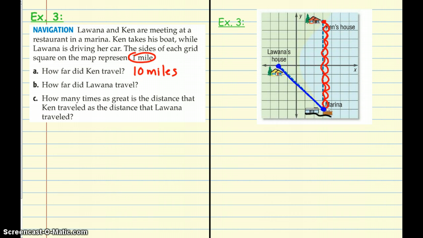The first coordinate pair by Luana's house is negative 2, 0. And this coordinate pair down here is 3, negative 1, 2, 3, 4, 5. So at the marina, we are at 3, negative 5. Now we're going to use the distance formula that we just learned to figure out how far it is from Luana's house to the marina.